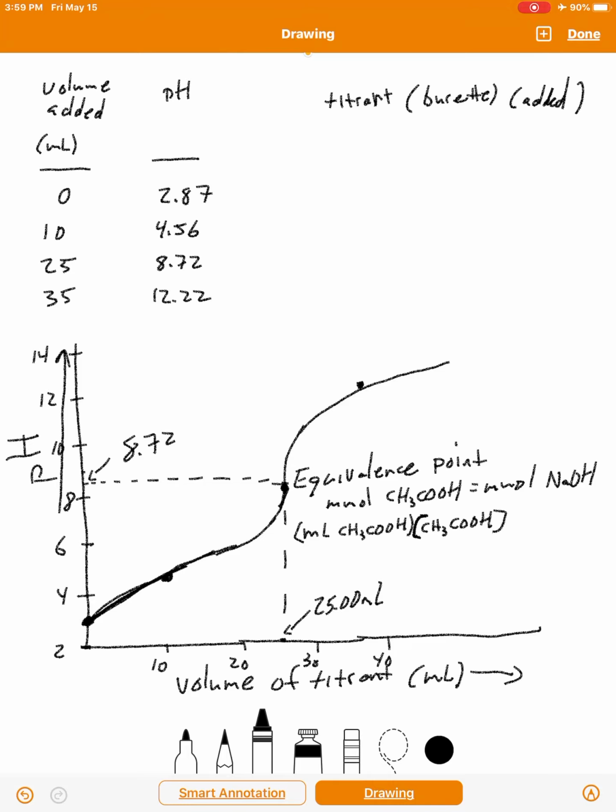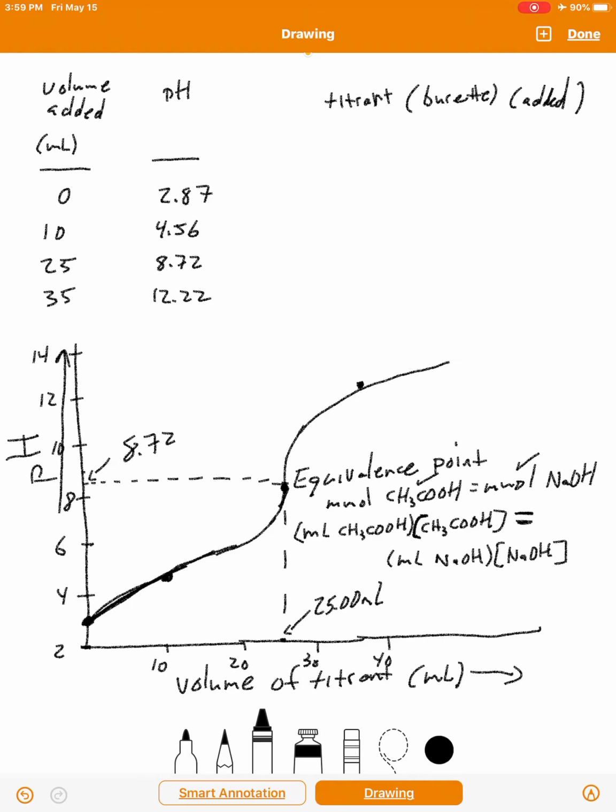That product is going to be the number of millimoles of acetic acid. That would be equal to the milliliters of sodium hydroxide that gets added times the concentration of sodium hydroxide. Those two products would be equal to each other because those two products are the number of millimoles of each of them. Okay? So there you go.